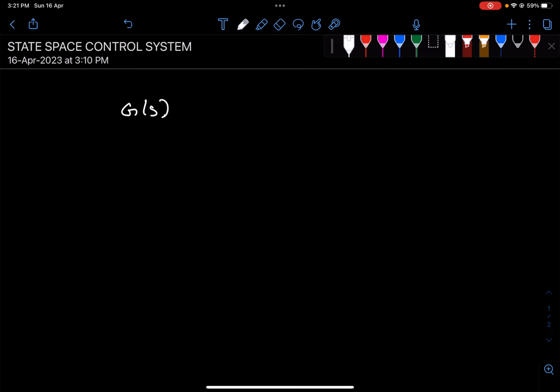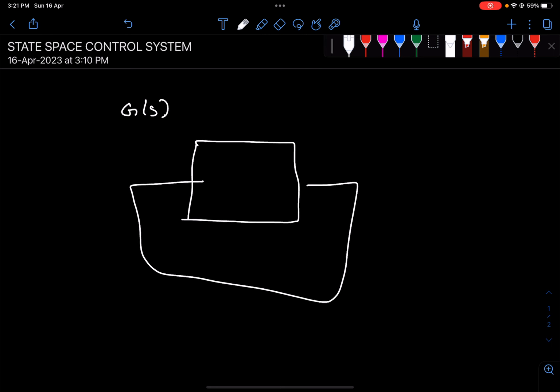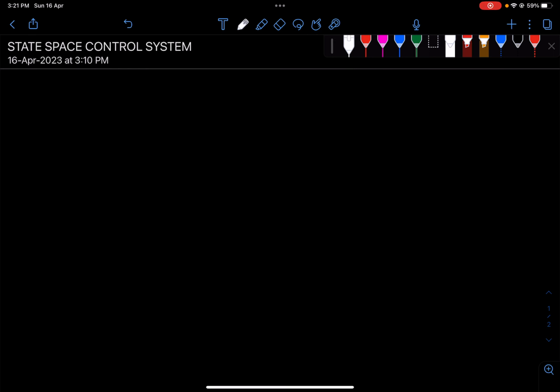What is the input, what is the output, its transient response, everything, that is the complete system or the closed loop system we are studying. But why state space? That question arises: why are we learning it, the need for state space.